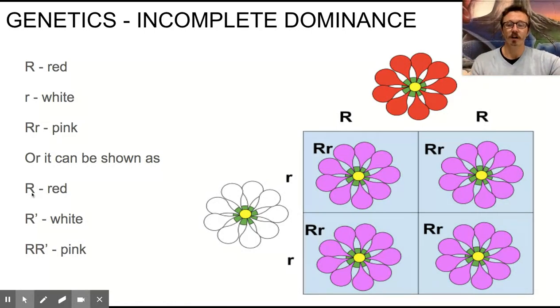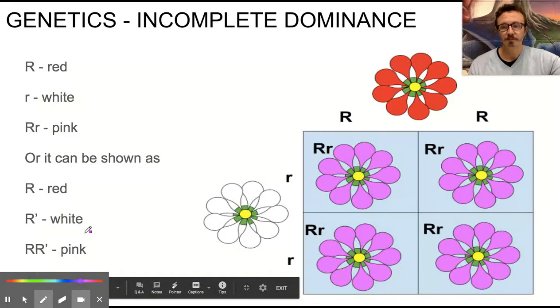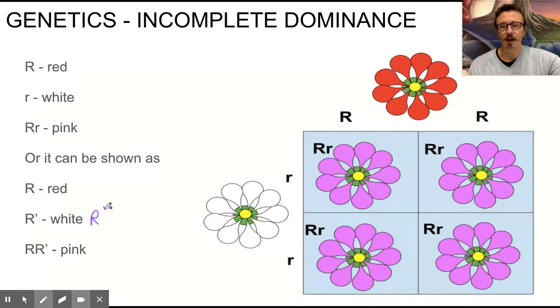So we have R, which would code for red, and R prime, which would code for white. So if an individual is homozygous R, big R, then they only have genes for red. Whereas if an individual is homozygous for R prime, that's the only way to have the white flower. Whereas the pink or intermediate phenotype would be the heterozygous condition.